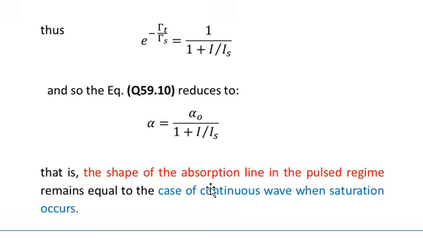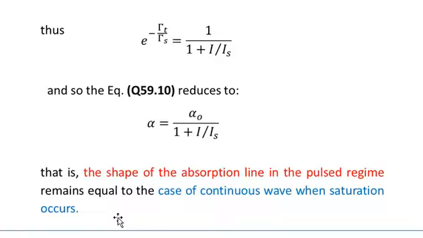So that is the shape of the absorption line in the pulsed regime, because this is the pulsed case, and here I is the intensity of the pulse. The shape of the absorption line in the pulsed regime remains equal to the case of continuous wave when the saturation occurs.